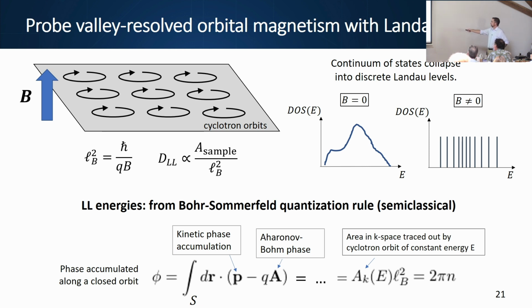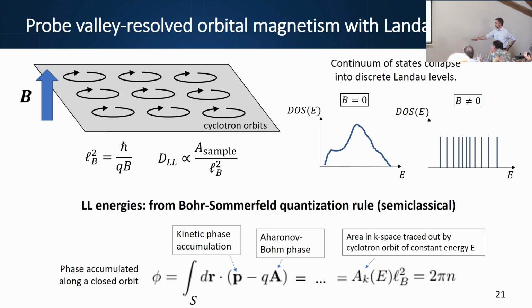And so the question is, what determines the energy values of these Landau levels? The easiest way to understand that is through the semi-classical Bohr-Sommerfeld quantization rule. All it says is that we have electrons moving around in circles, and as they do that, their phase will accumulate. We need the total phase accumulation to be an integer multiple of 2 pi, kind of like the quantization rule for atoms.